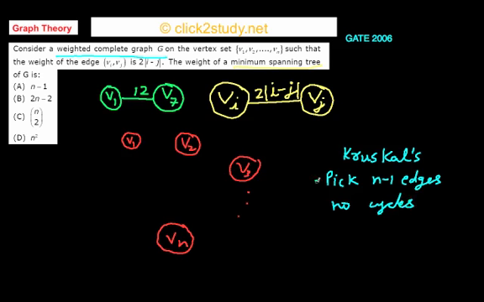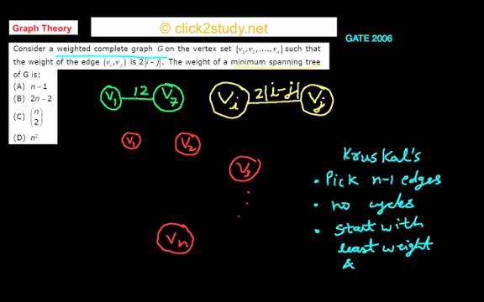You stop when you have picked n minus 1 edges. The main point is that you start with the least weight: you pick the edge with the least weight, then from the remaining graph you see which edge is of the least weight, and so on.